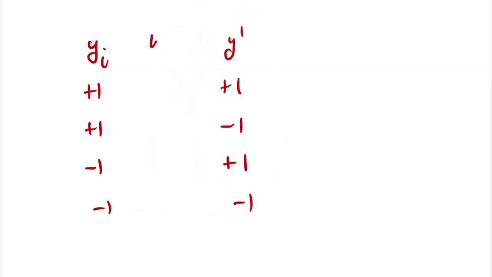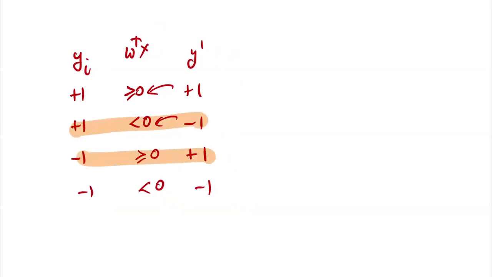That's because if W transpose X is greater than or equal to 0, the prediction is +1. The reason y prime was -1 was because W transpose X was less than 0. The update happens only in these two rows.